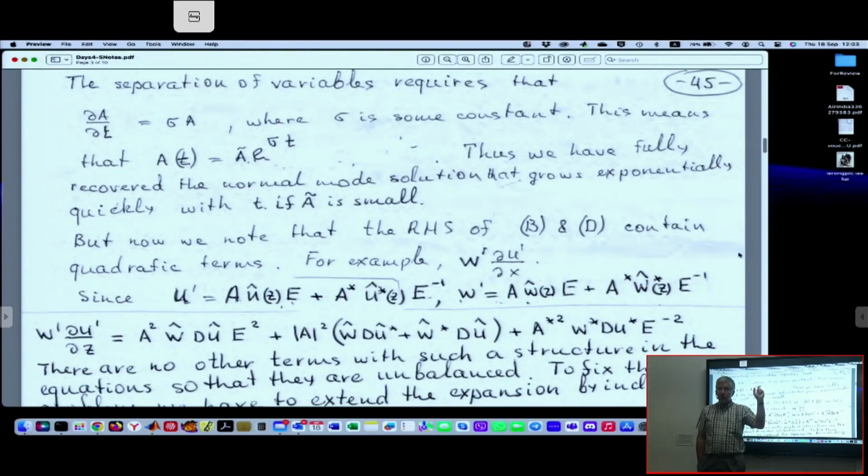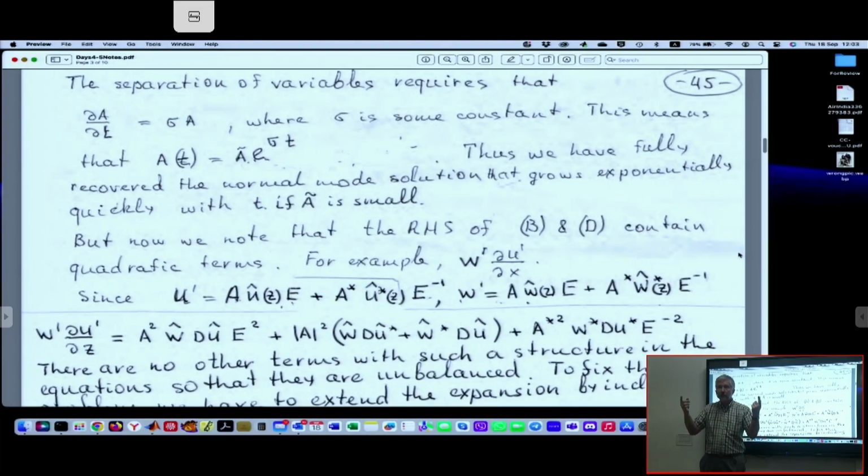It is so small that the product of A times itself can be neglected. We said that U prime is small, and U prime times U prime is even smaller. But U prime is U hat multiplied by A.